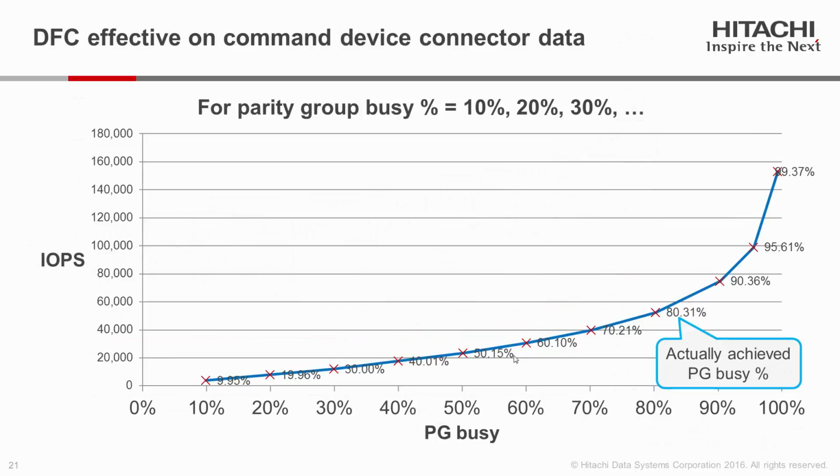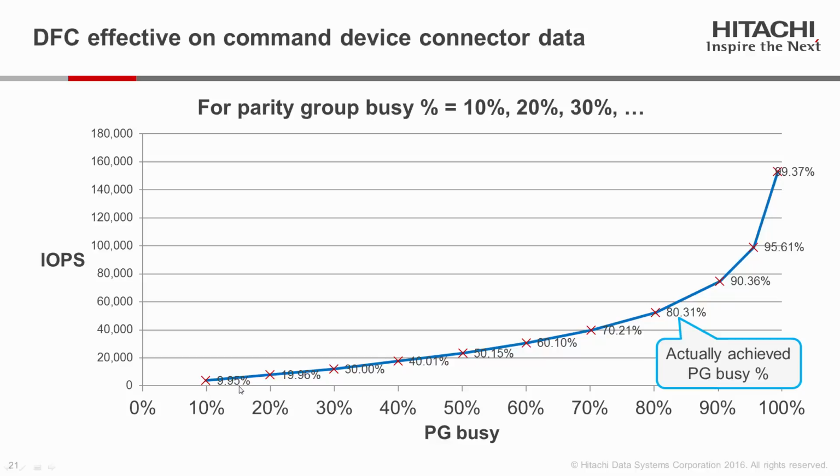Here, there are two charts that show you doing dynamic feedback control on command device connector data. And in this first example, we're doing dynamic feedback control of the IOPS to hit 10%, 20%, 30%, 40% busy, each of those in a subinterval sequence. And then I'm only showing the second chart where we show the results.